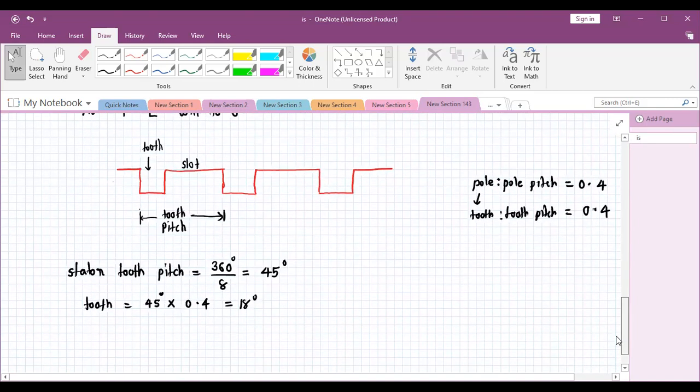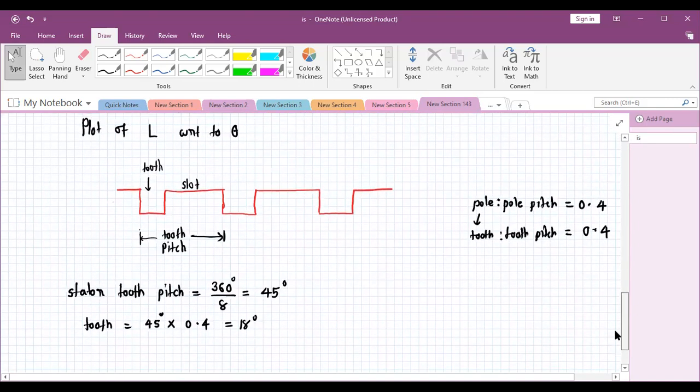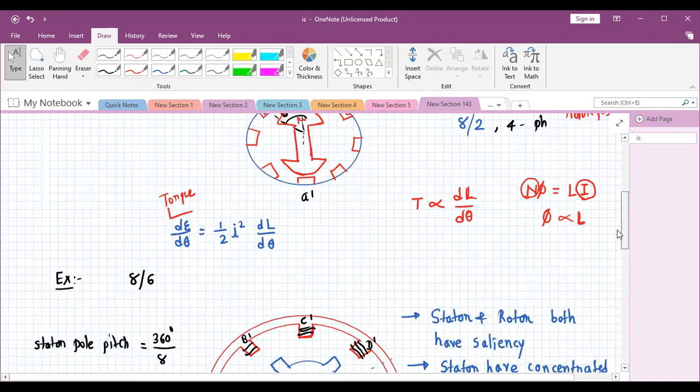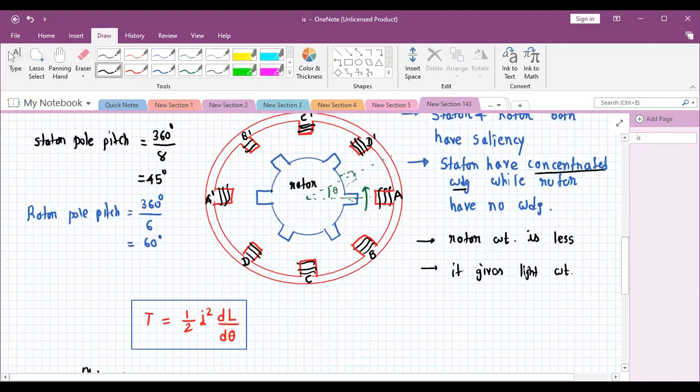Between the two adjacent stator tooth, suppose consider here, I will consider this one and this one. Then this particular degree, it is 45. Are you getting? Yeah. Okay.